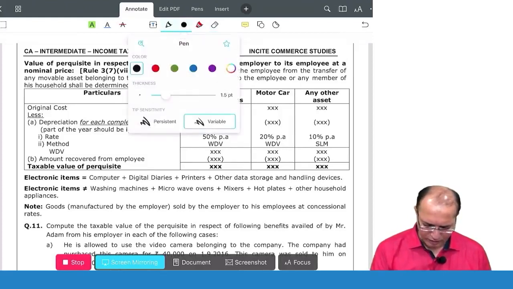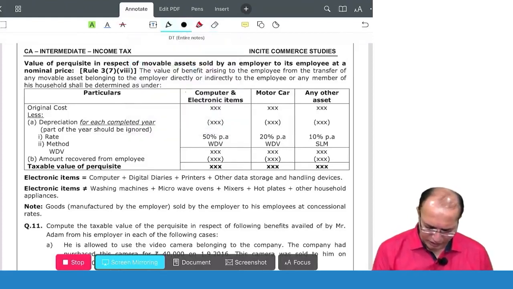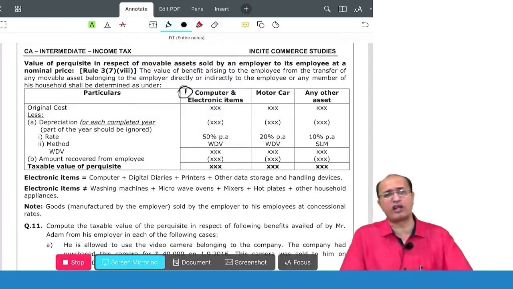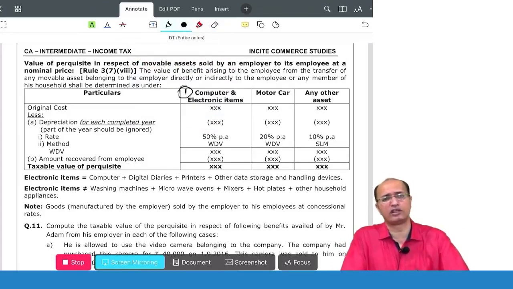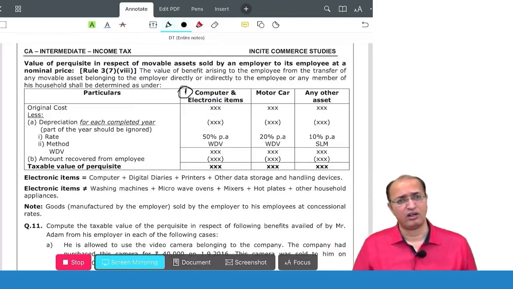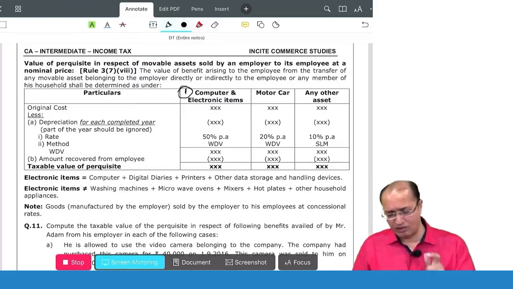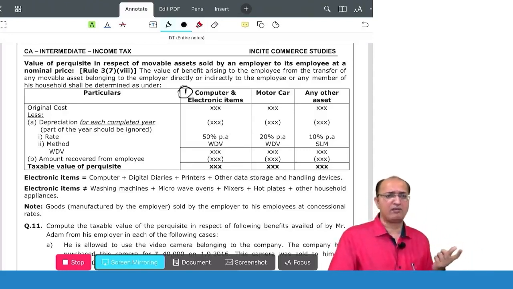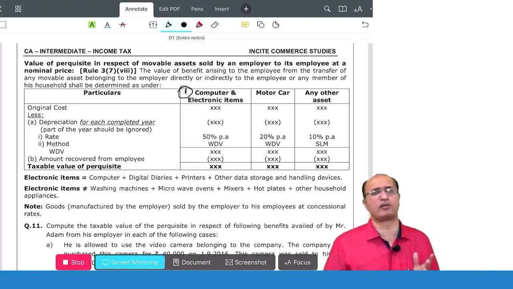And mind you, when we use the word electronic items, we are not using it in general terminology, or in layman's language. In layman's language, television, refrigerator, washing machine, oven, everything is considered as electronic item only.